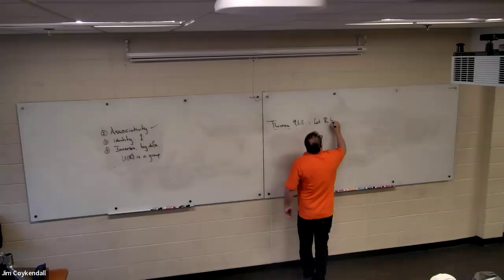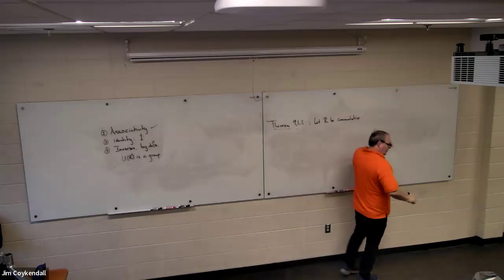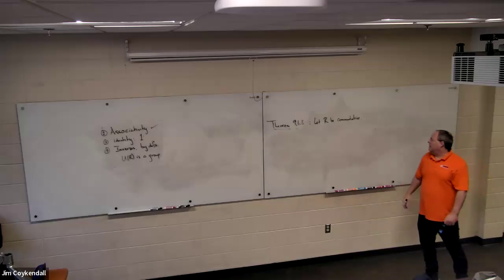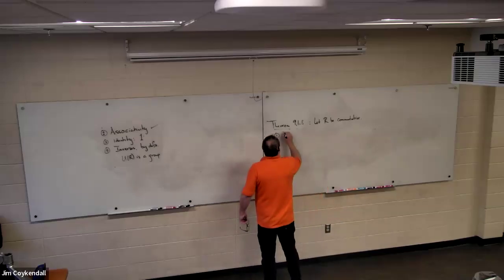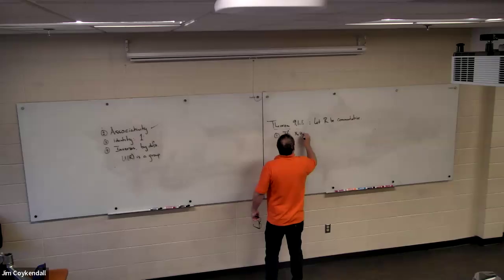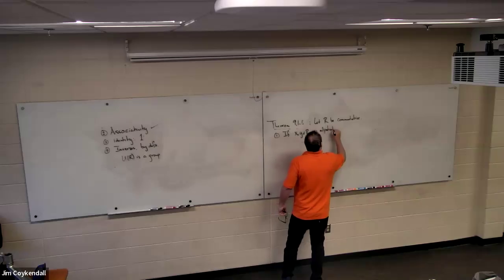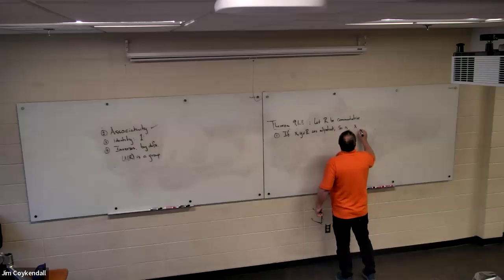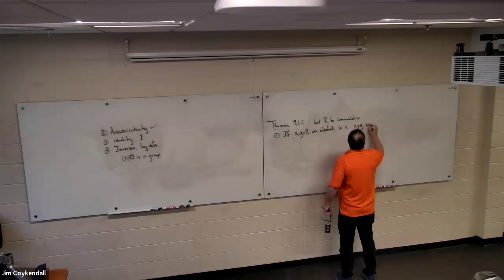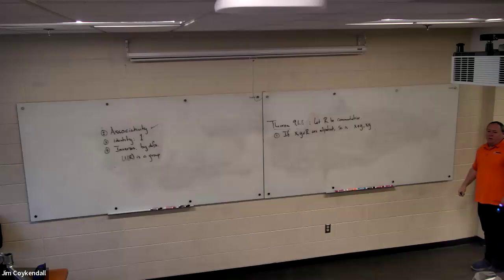Let R be commutative. So we'll start off just with the assumption, not even that it's got an identity. One: if X, Y in R are nilpotent, so are both X plus Y and X times Y.